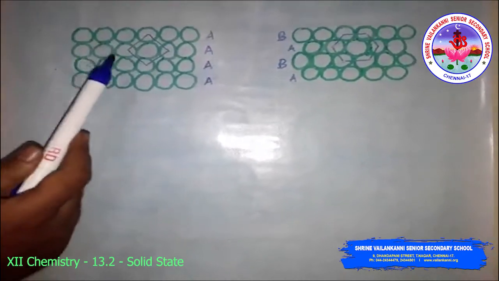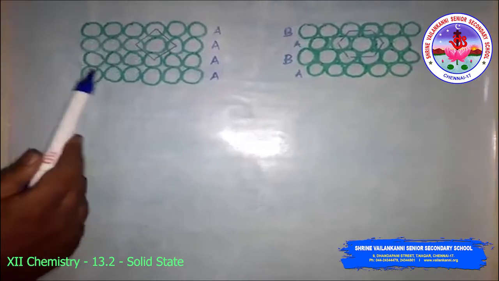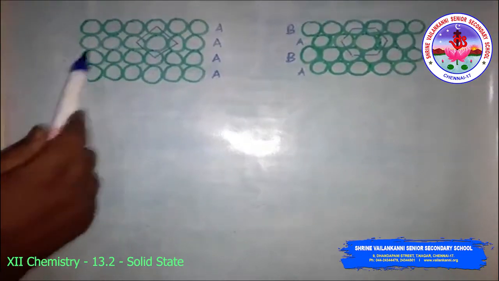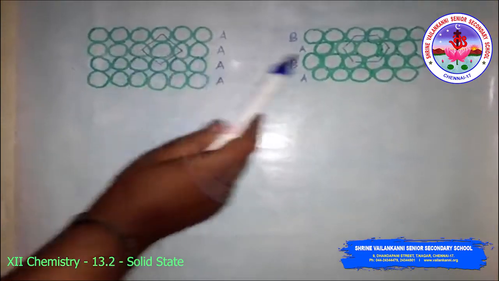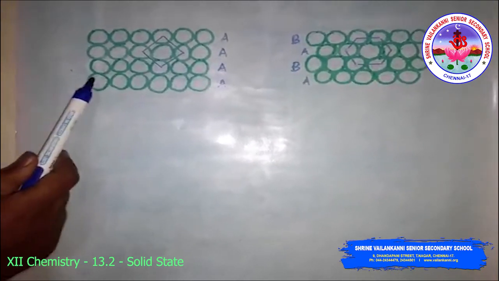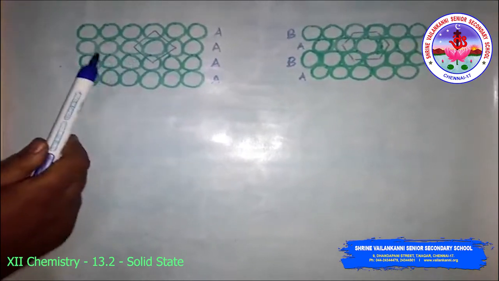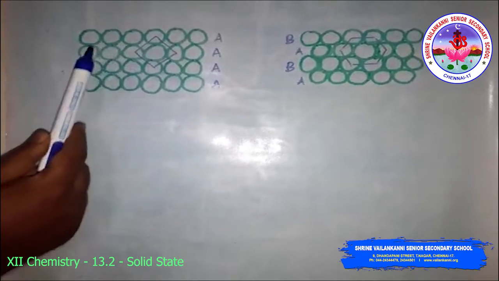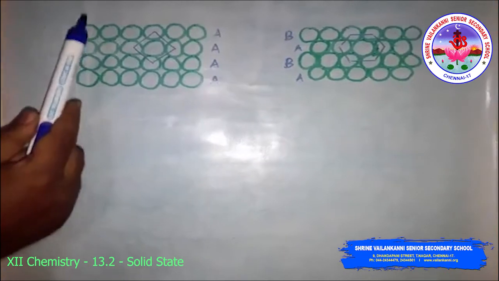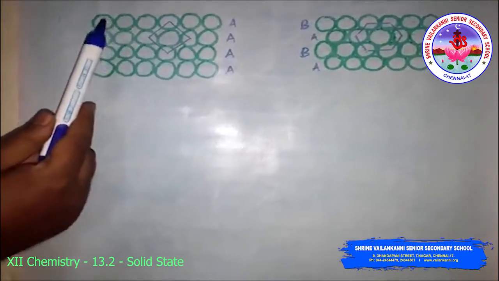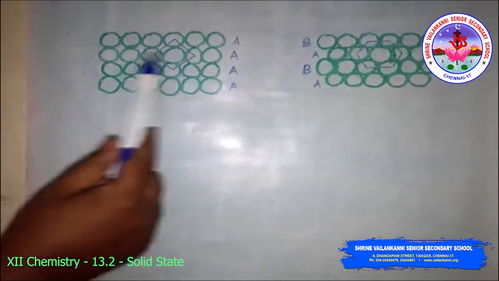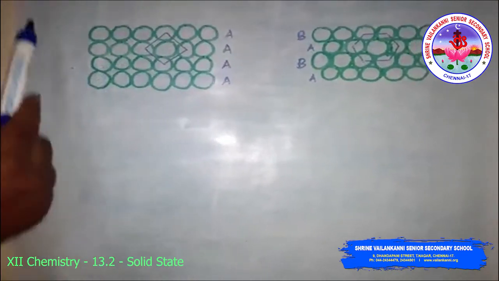This is generated by placing rows of close packed spheres. Look at this. This can be done in two different ways, one in this way, another in this way. The second row may be placed in contact with the first one such that the spheres of the second row are exactly above those of the first row. So the spheres of the two rows are aligned horizontally and vertically.